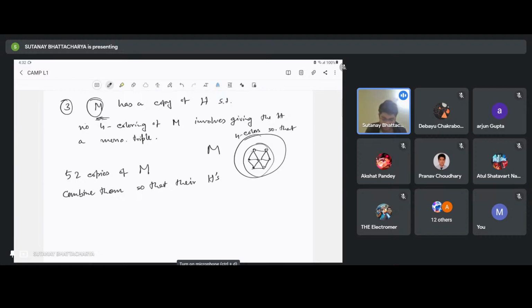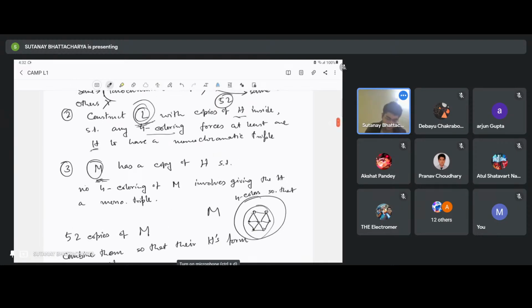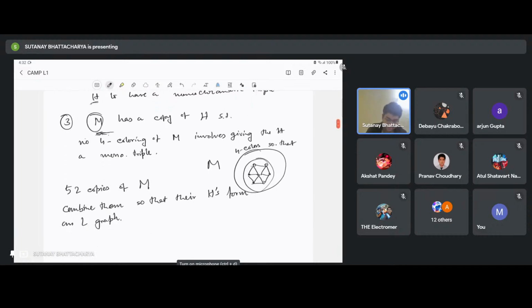So we will arrange them so that their internal H hexagons form an L graph. Ruminate over this sentence for a bit. We have L that has 52 copies of H inside it, which has certain properties. We have M that has exactly one copy of H inside it that has certain properties. We are taking 52 copies of M, combining them so that their internal copies of H match up to form an L.